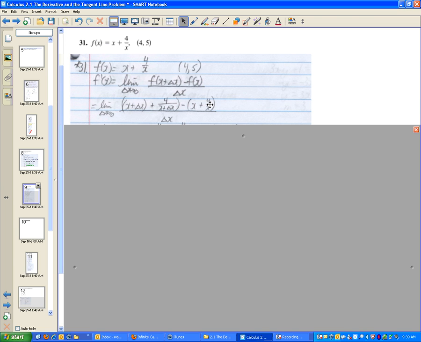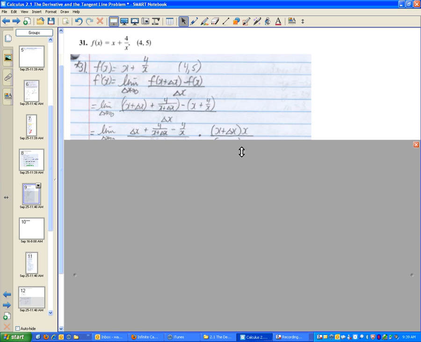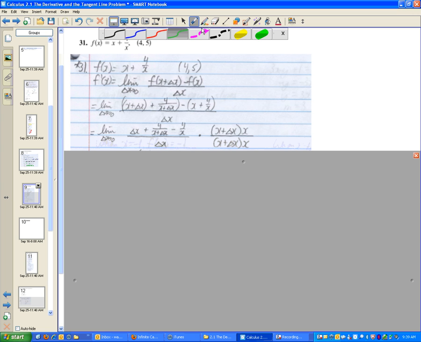Okay. So, here's what I'm going to do. I've got a positive x up here. Well, let's put it this way. I need to distribute that negative. Makes that a negative x and a negative 4 over x. If I know that that's a negative x and I've got that positive x up here, that's a 0, isn't it? Okay? So I don't really need to write down a step just to do that 0.